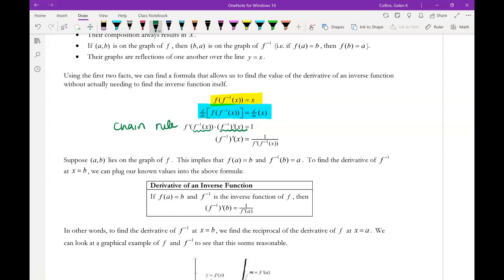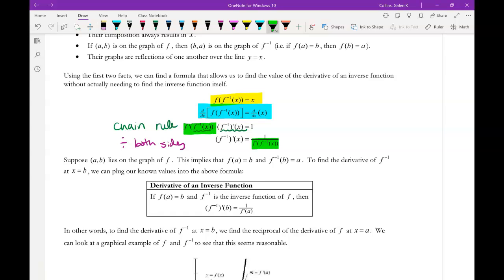And lastly, if our goal is to isolate the derivative of our inverse function, we are just going to divide on both sides of our equation. So we get this last line by dividing by f prime of the inverse of f of x on both sides, and that ends up here.